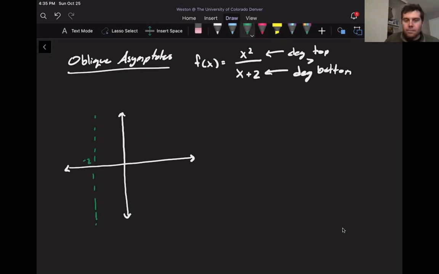All right, so some of the details of this graph, we have a vertical asymptote at -2. We have a root at 0. And our graph, let's see, it's going to look something like this.